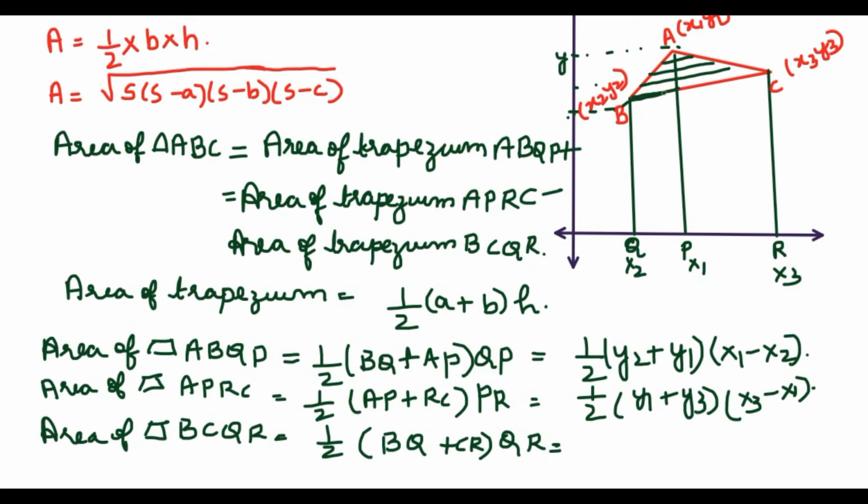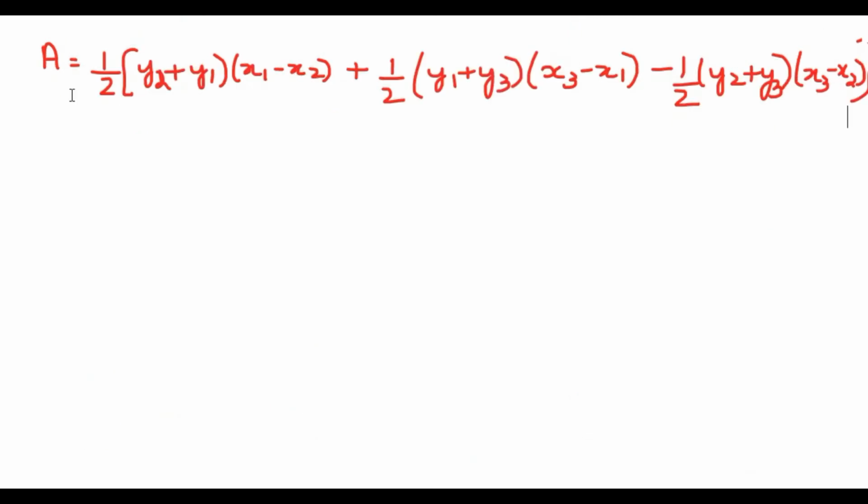That means this is the height, so which is same as QR. So I can write half BQ is again y2 and CR is, we need to find out QR. QR is nothing but x3 minus x2. So area of first two trapezium minus area of the third trapezium.